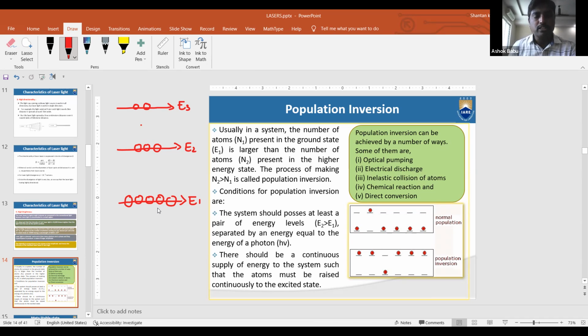If N1 is the number of atoms in energy state E1, N2 is the number of atoms in a higher energy state, and N3 is the number of atoms in the excited state E3, then the condition is N1 is always greater than N2, which is greater than N3, and so on.